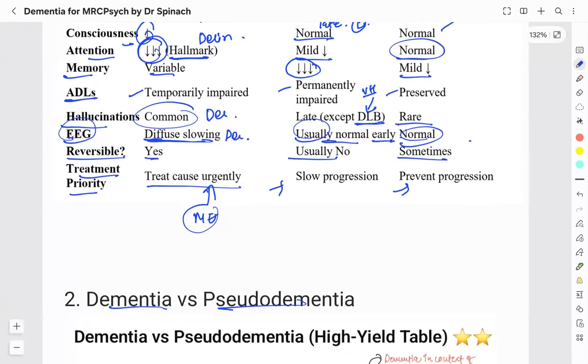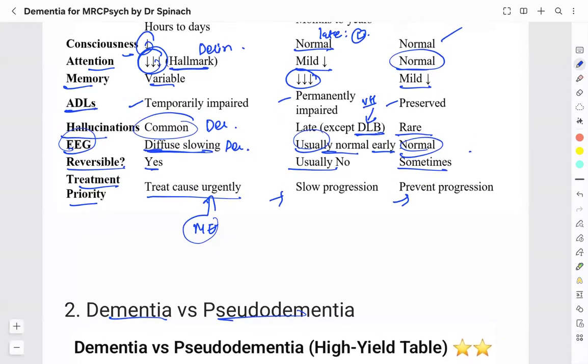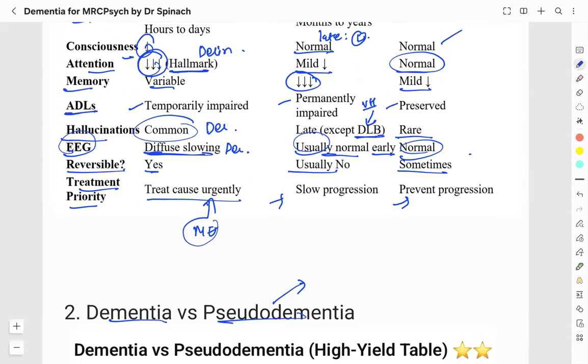This is also a very important one. Pseudodementia is the memory impairment that occurs in people with depression, right? Yes, you're correct. Pseudodementia usually co-occurs in cases of depression. But let's say it's masked, we don't know. The patient just came with dementia symptoms. Now what?